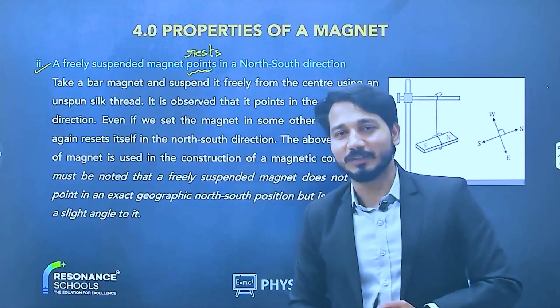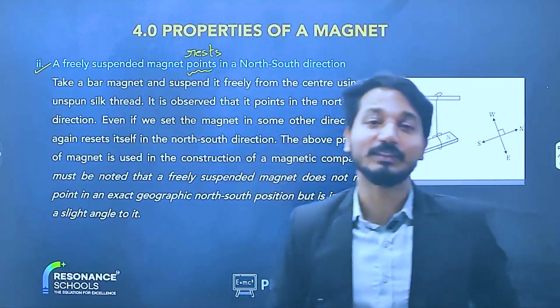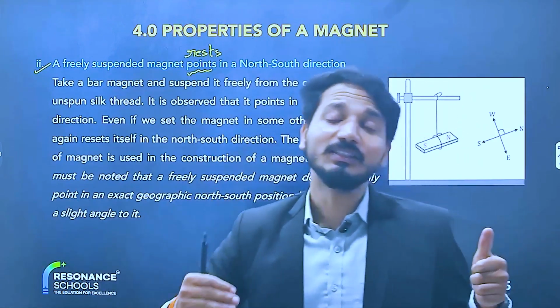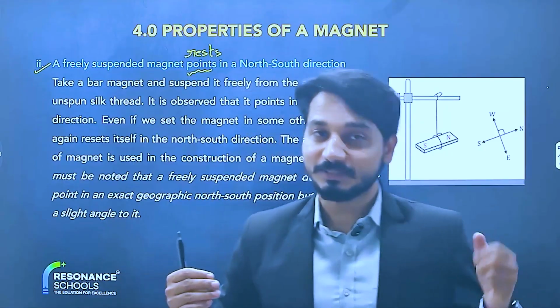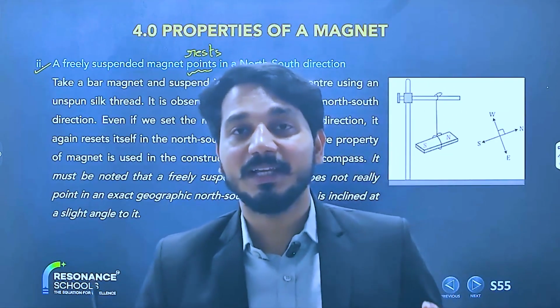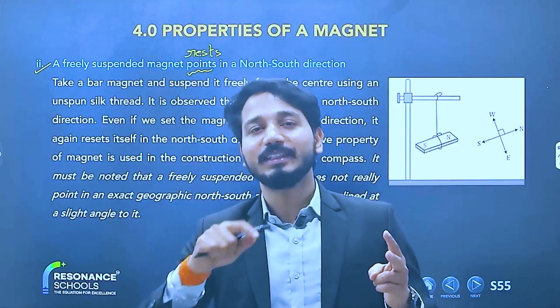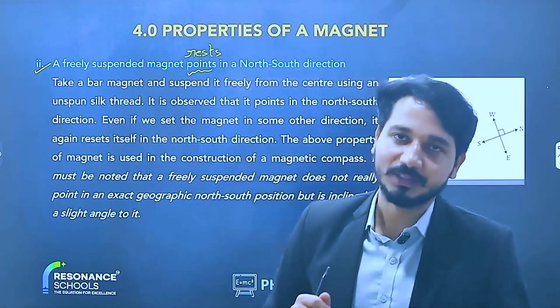So this is the meaning of the second statement. First, it attracts all the magnetic material. Second, when it is suspended freely, it points in north and south direction, right?